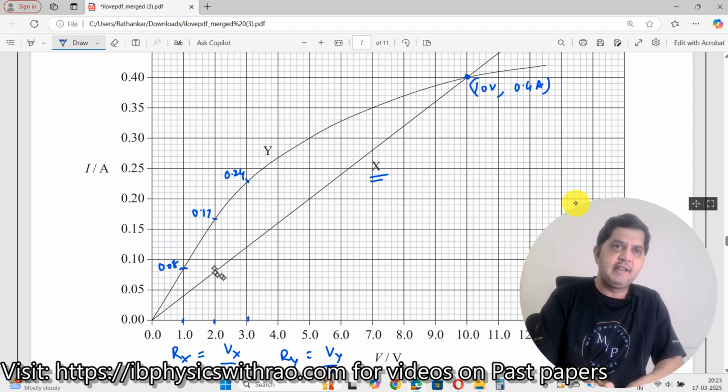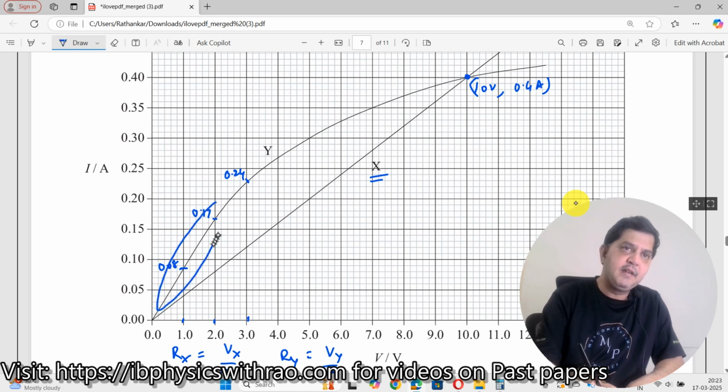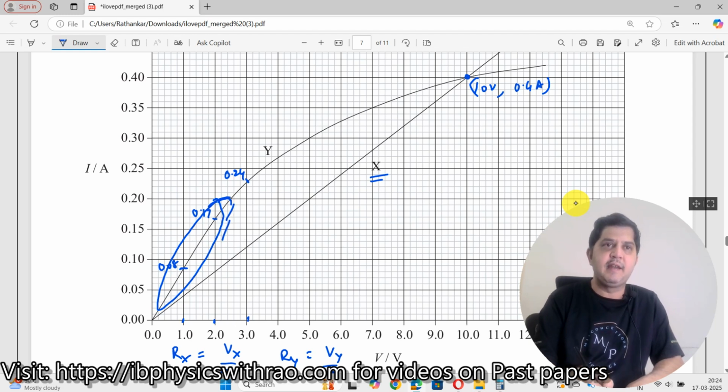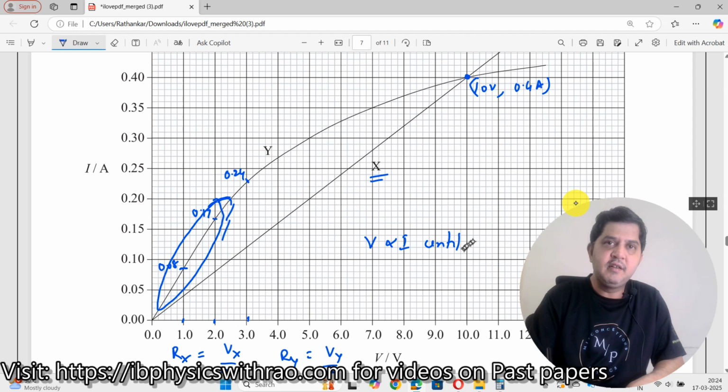If I look at this region over here, maybe I can consider until here. Until this region, I see V is proportional to I. It obeys Ohm's law, until V is equal to 2 volt.